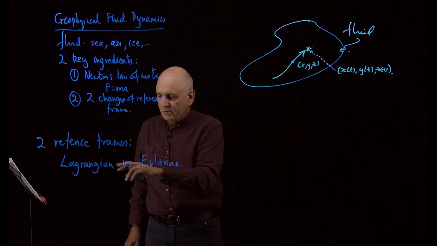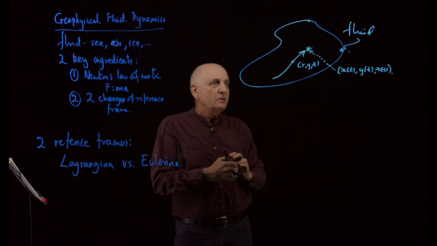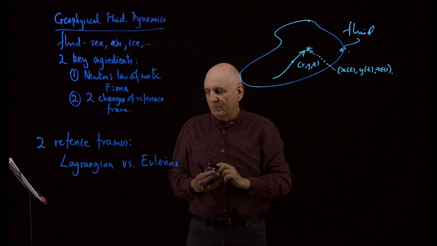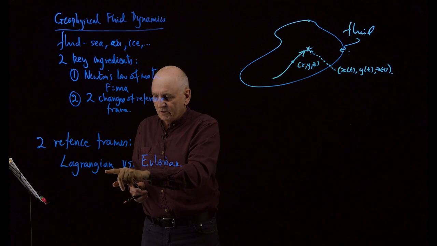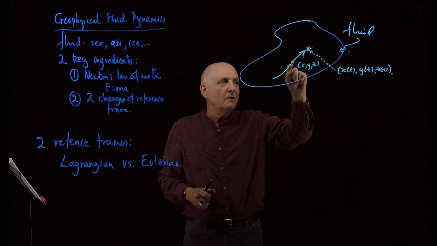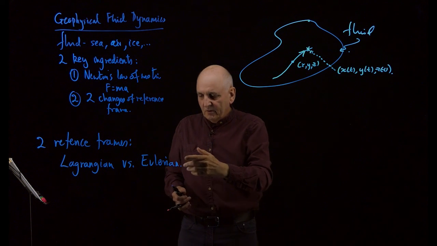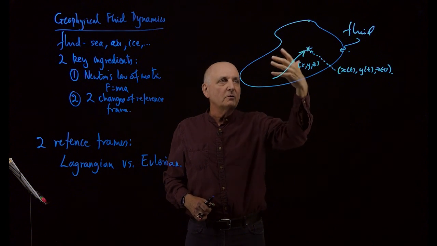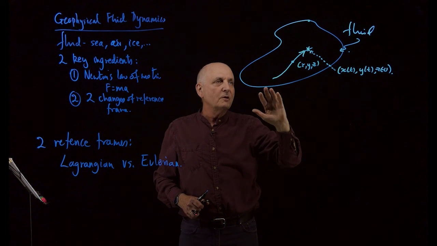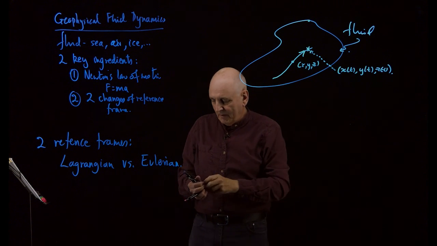The Lagrangian view is where you imagine that you are actually living on the fluid particle and you are moving along with the fluid particle. So you would formulate the equations thinking of being at the fluid particle and moving with it. The Eulerian frame is where you are looking at the whole structure from the outside and you are watching the fluid particles pass on by.